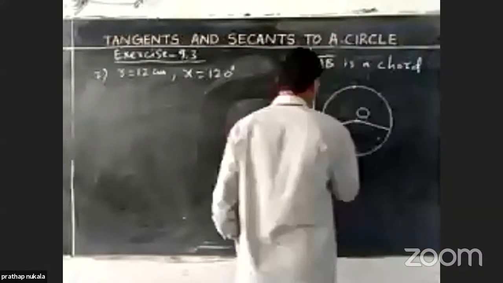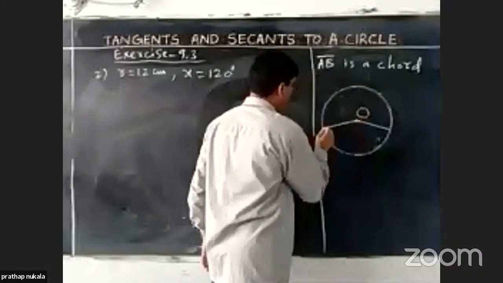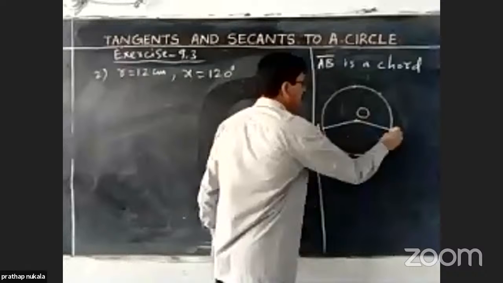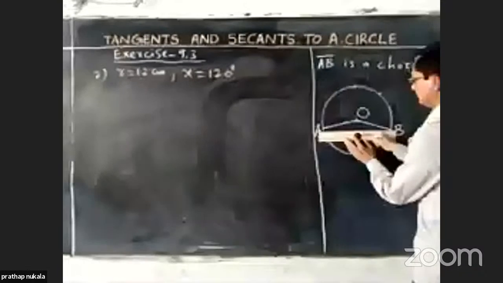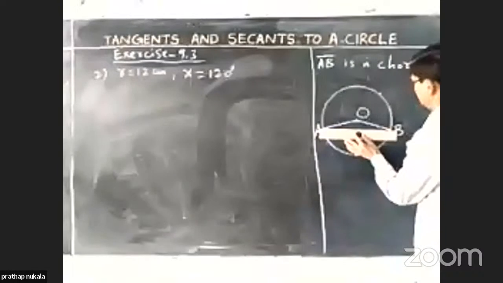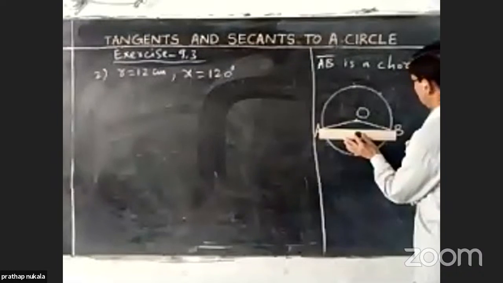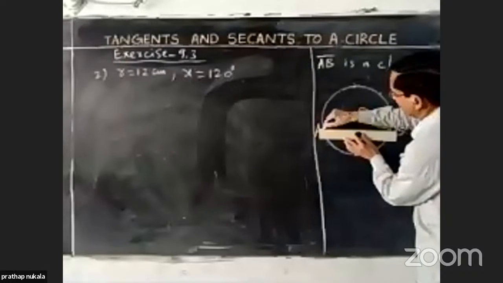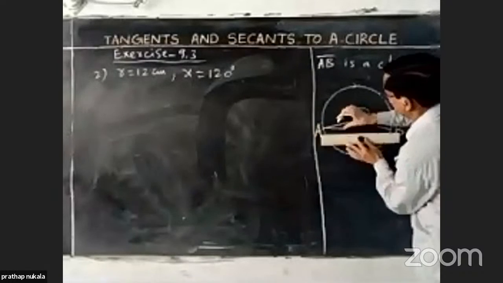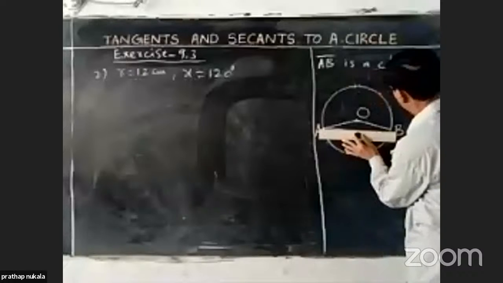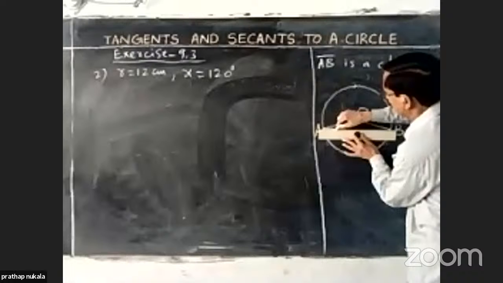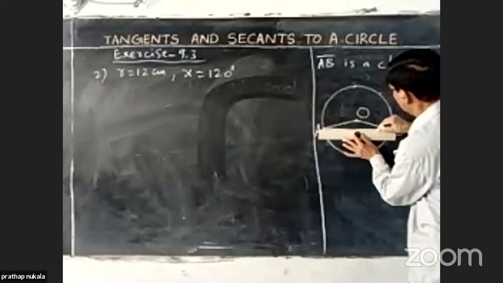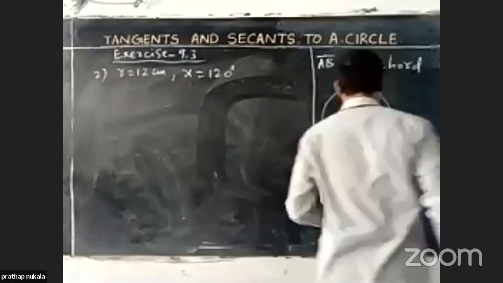Just see here, all of you see here. Center, this is the point A, this is the point B, this is join AB. Okay.